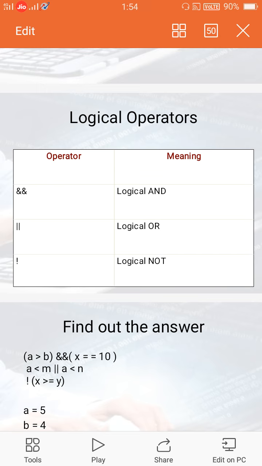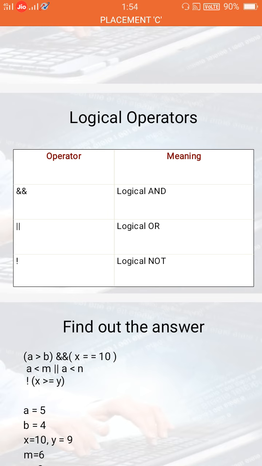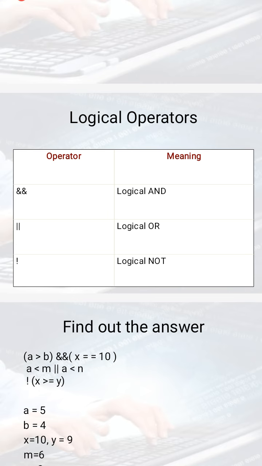That is the logical AND. If any one of the statements is false, the resultant is false. In the case of logical OR, if any one of the statements is true, the resultant is true. If all statements are false, the resultant is false. Logical NOT: if the statement is true, our result is false. If the statement is false, our result is true.